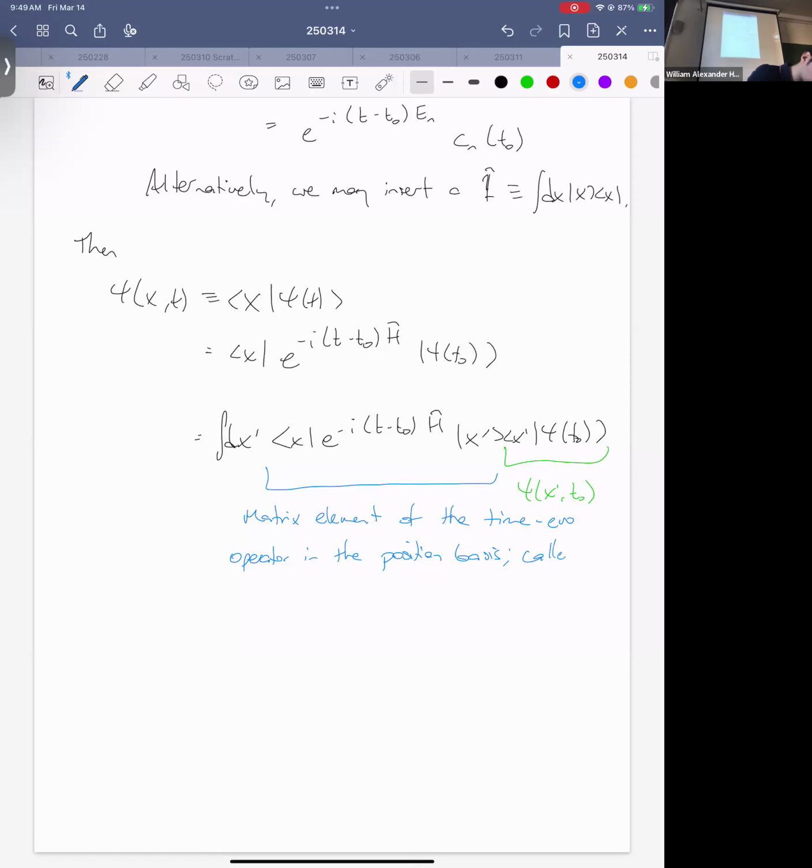And it's called the propagator. And we denote it by a K, the final position and final time, and then the initial position and the initial time. I guess let me call this x0, just for notational consistency.